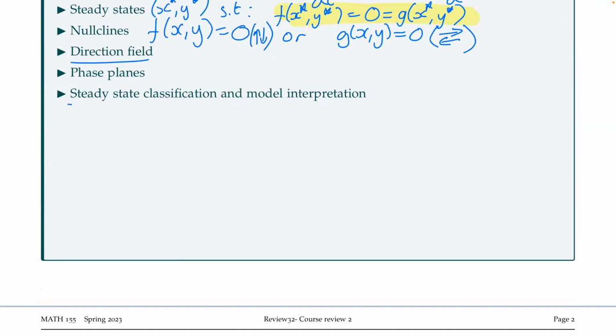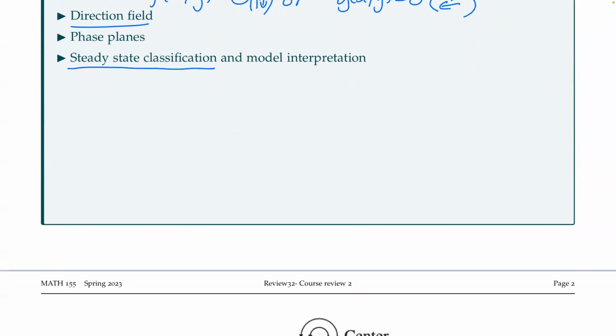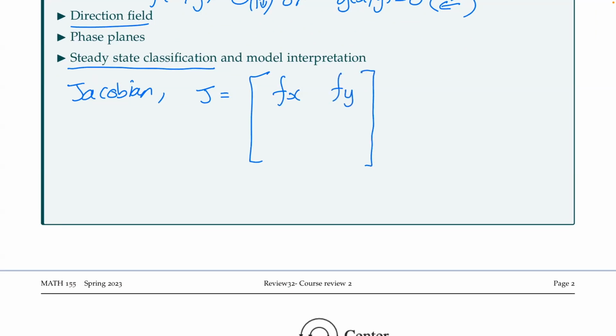In terms of steady state classification, we can classify things from our phase planes just by looking at the flow and where things are going. But we can also look at our Jacobian. So this is a matrix J, where we look at our partials. On the first row, we have our partials with respect to x and y of our first function, f.